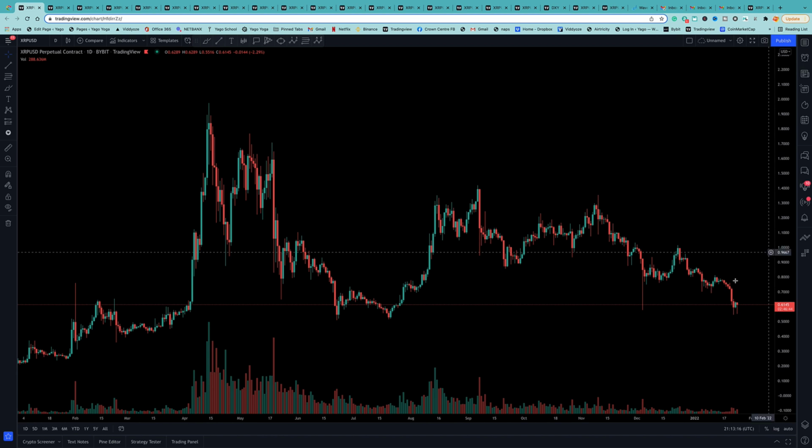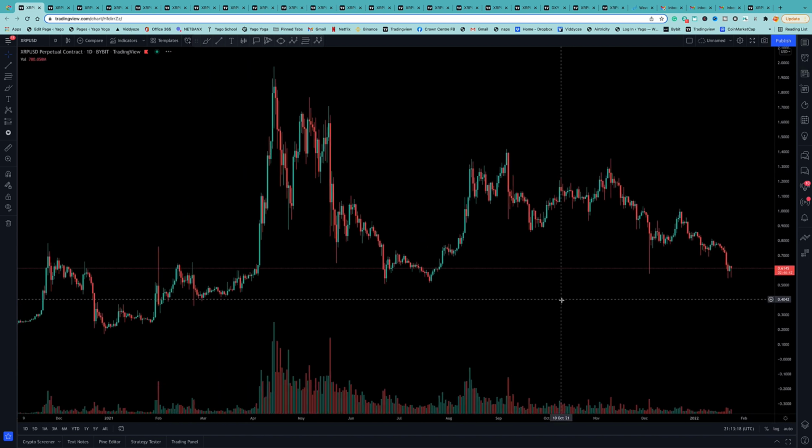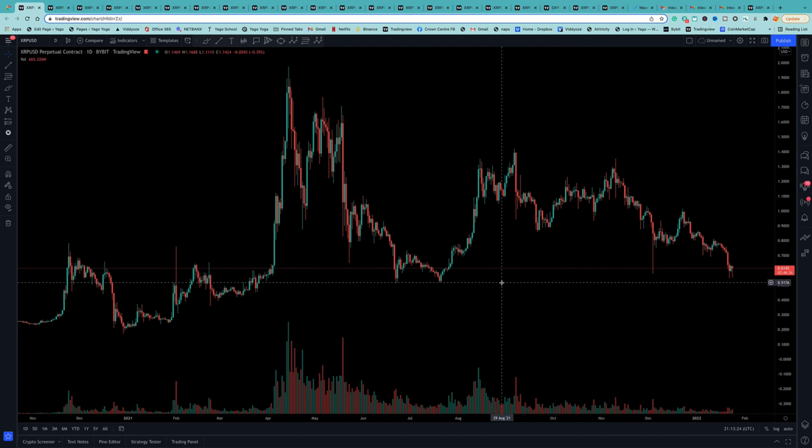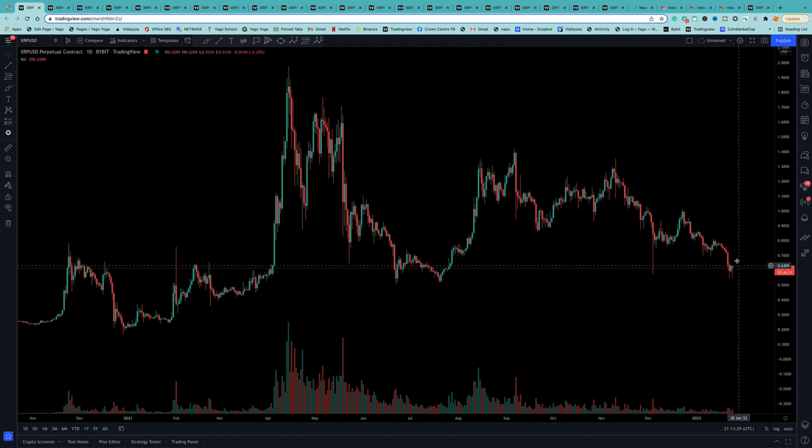Now, this is the challenge with reading this drop here: when is this drop a bear market and when is it not?